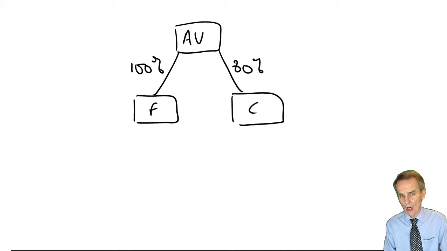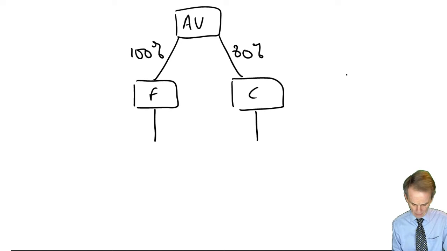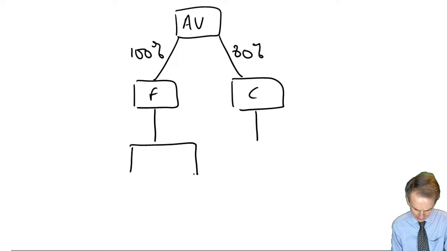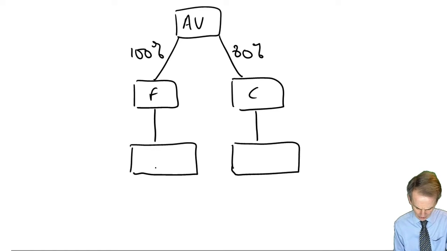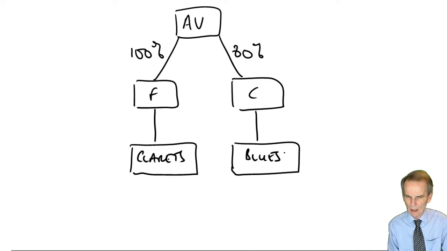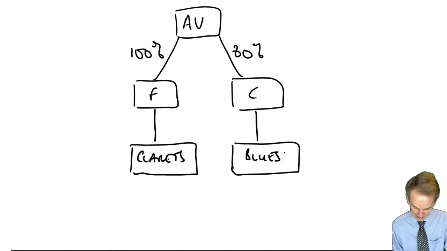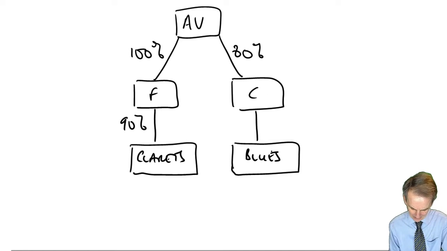What you have there is just direct subsidiaries. It can get more interesting, and what we may then have would be indirect subsidiaries. So we might have here two sub-subsidiaries, two indirect subs that go by the name of Clarets and Blues. That's the team colours, by the way. And we might have that F owns 90% of Clarets and C owns 70% of Blues.